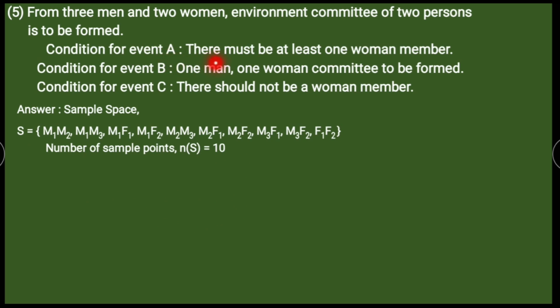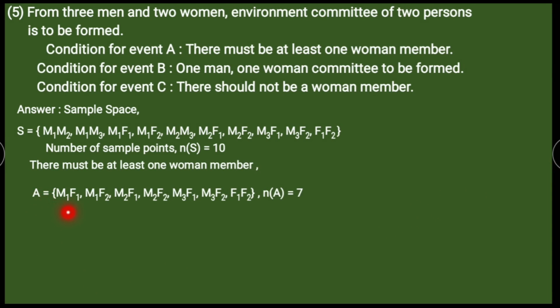So see the first event, there must be at least one woman member. At least one woman means 2 women can also be selected. So we write here the elements of set A as M1 F1.